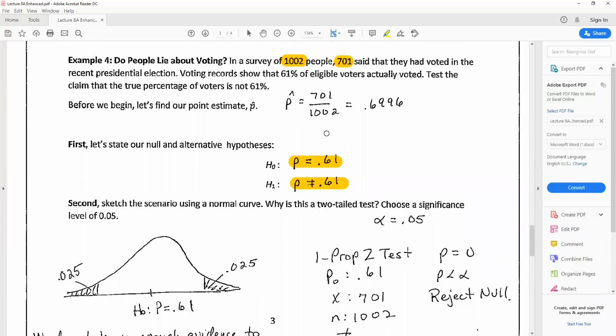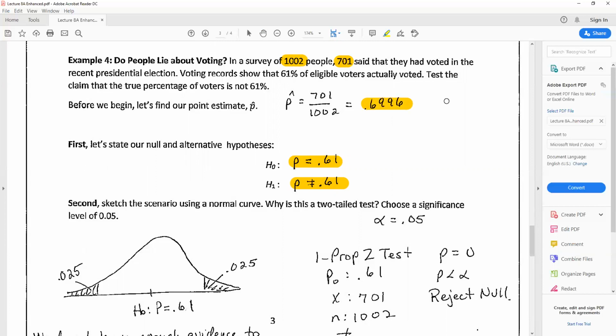Now, why would someone make the claim that the percentage of voters is actually different? Because they did a survey and they found that 701 people out of 1,002 claimed to have voted, which is almost 70% of the population.